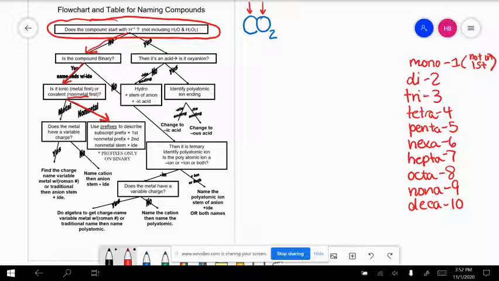Now, this is opening Pandora's box for me, because once I talk to you about prefixes, you're going to want to put them on all compounds. You're going to go prefix crazy and use prefixes for metals. These are only for nonmetals. These are only used on binary covalent compounds.